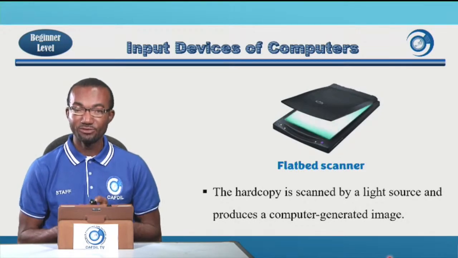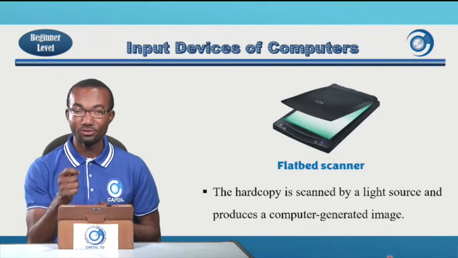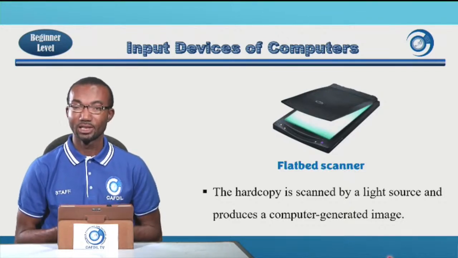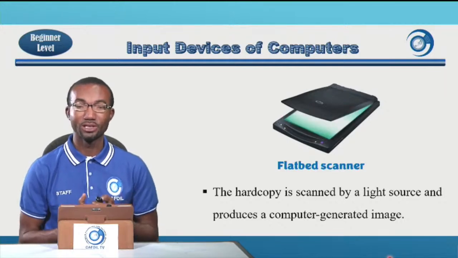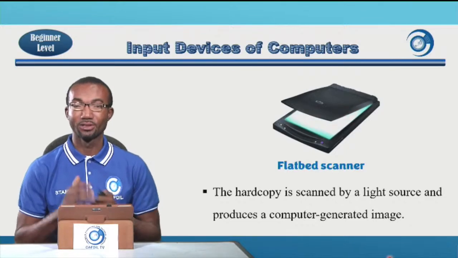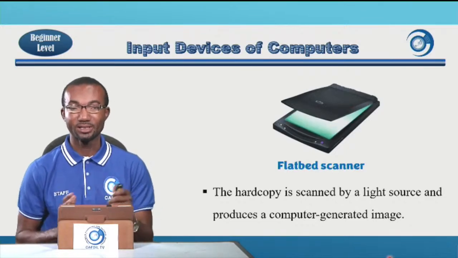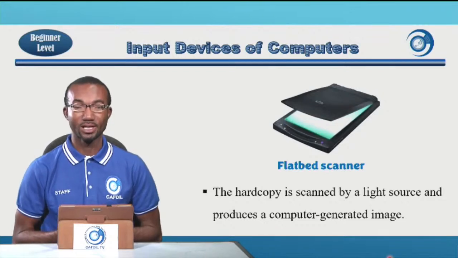So scanners feed in soft copies of hard copy documents into the computer system. These days, with other application software, if they are text documents, you can even edit them. If they are photographs, you can even edit them and make them very nice, even better than the hard copy that you scanned.